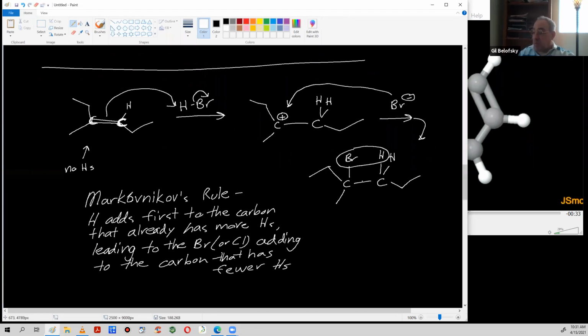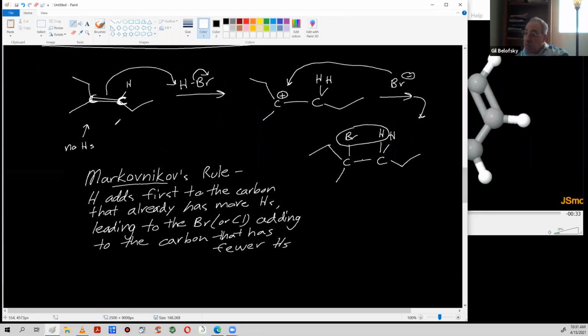Now you see why I don't like to memorize stuff like this. But what this really is, is noticing that it's always consistent. Thus, you can come up with a rule. But there's a reason why it's always consistent.